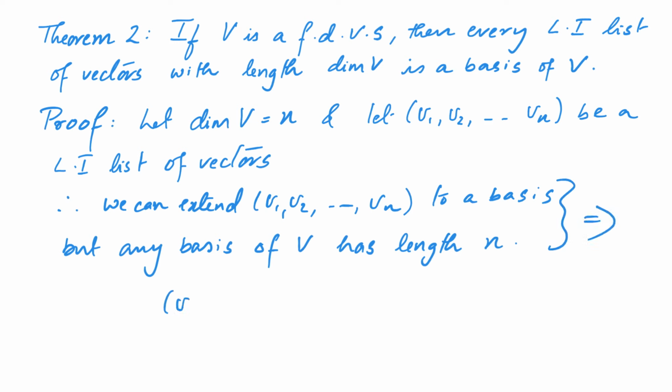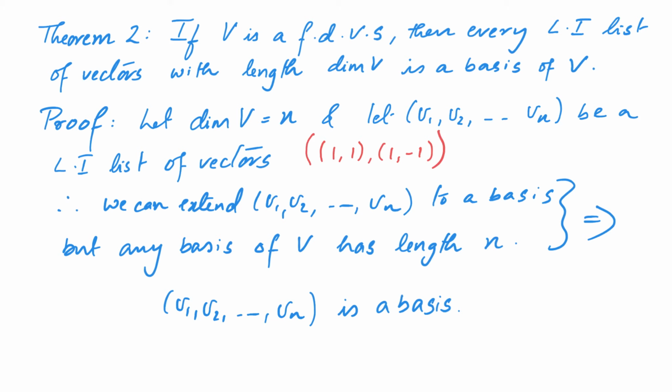This theorem is very useful, or powerful, because it reduces a lot of work. For instance, the list of two vectors (1, 1) and (1, -1) is clearly linearly independent. Why? Because (1, -1) is not a scalar multiple of (1, 1).